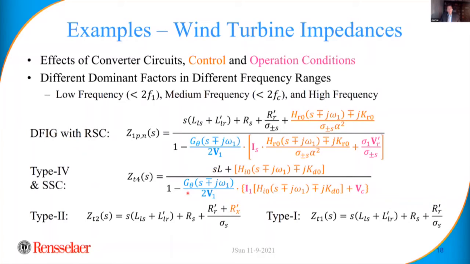The denominator is introduced by the phase lock loop. And so these terms represent the phase lock loop transfer function. And that couples the current compensator into the model, as well as the steady state operating condition. So now because of the phase lock loop, the impedance also changes with the power level and power factor.